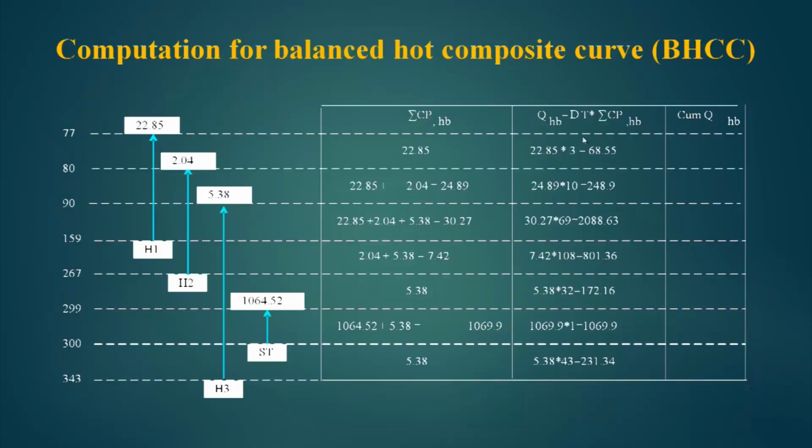Similarly, all these values are tabulated here. Then we calculate the cumulative Q values, which for the first interval is 68.5, for the second it is 68.55 plus 248.9, which comes out to be 317.45. In a similar manner we have calculated the cumulative values.